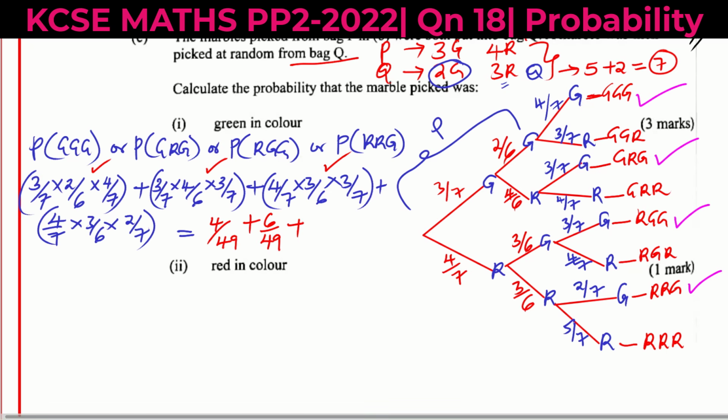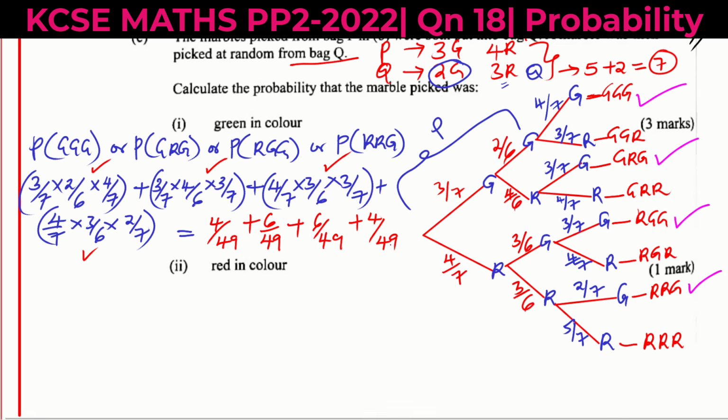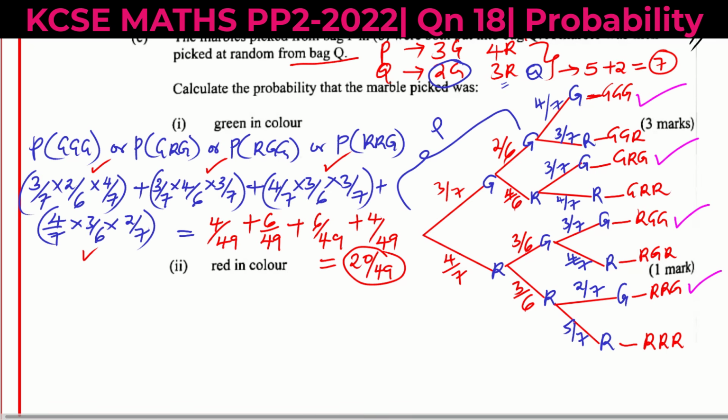Then now you're in this 4/7 times 3/6 times 3/7. That will give 6/49. And then this one, the last one, 4/7 times 3/6 times 2/7. That will give 4/49. Working these, you add 4 plus 6 plus 6 plus 4, you get 20 divided by 49. And that is the probability that the marble picked was green in color.